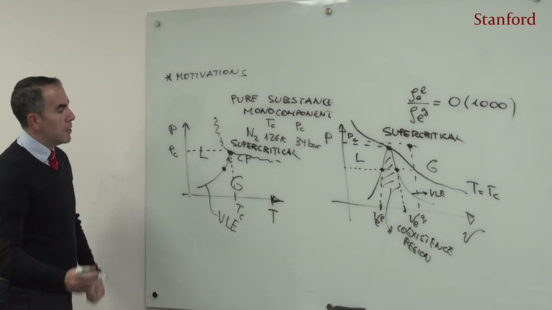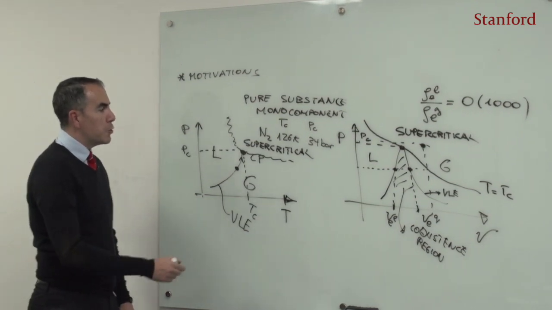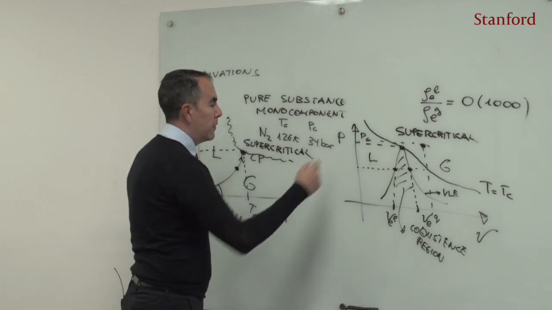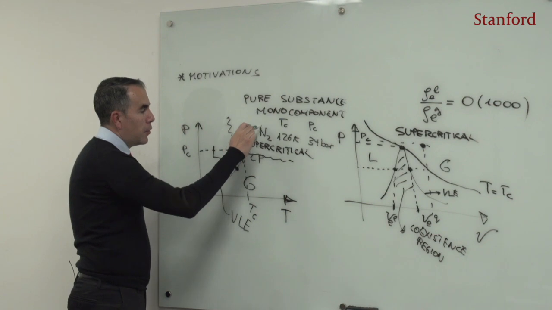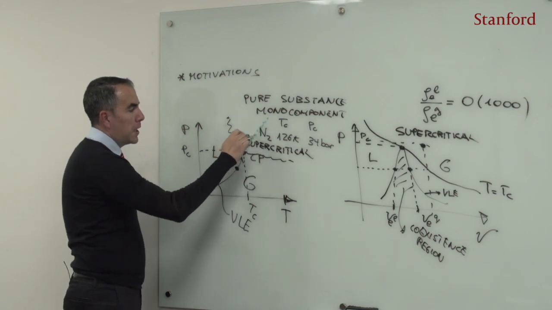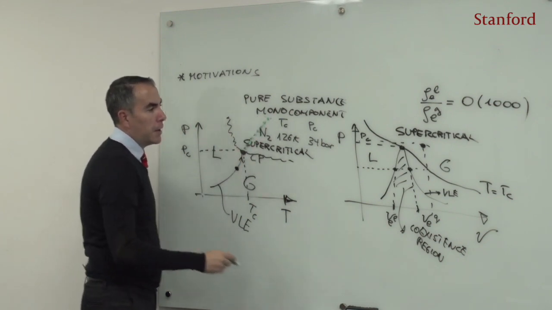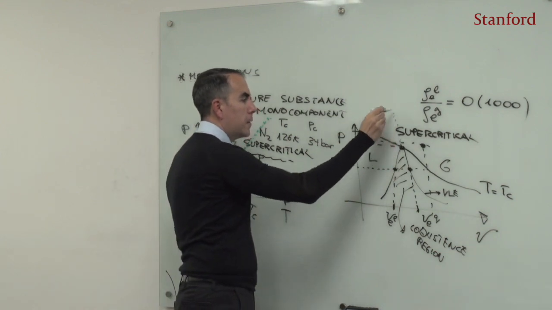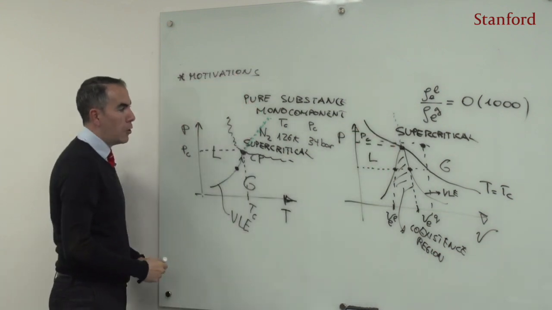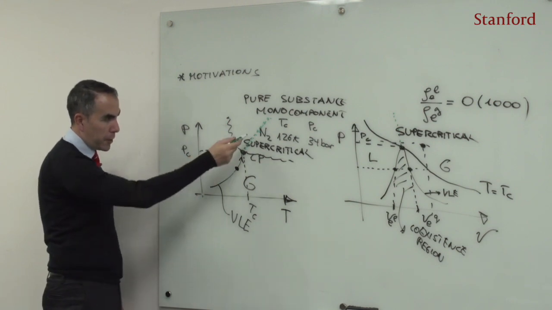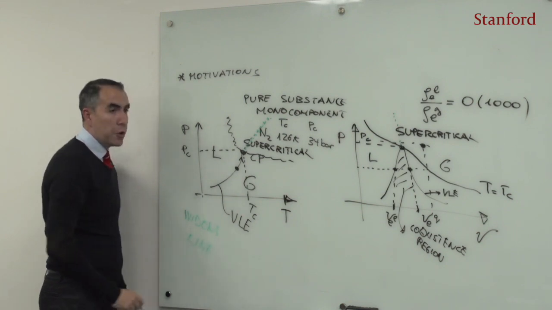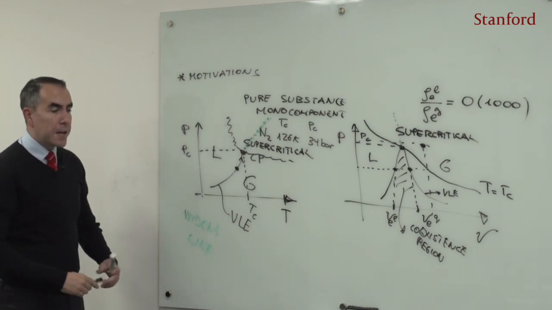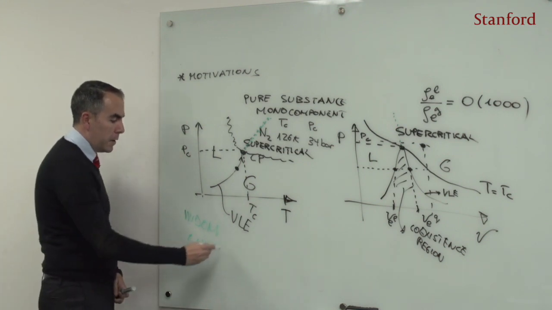But I'm going to tell you something else: even though there is no clear distinction between gas and liquid, there is a line that typically emanates from the critical point, this green line that I'm plotting there, called the pseudo-boiling or Widom line. This Widom line is characterized by the maximum of the specific heat.